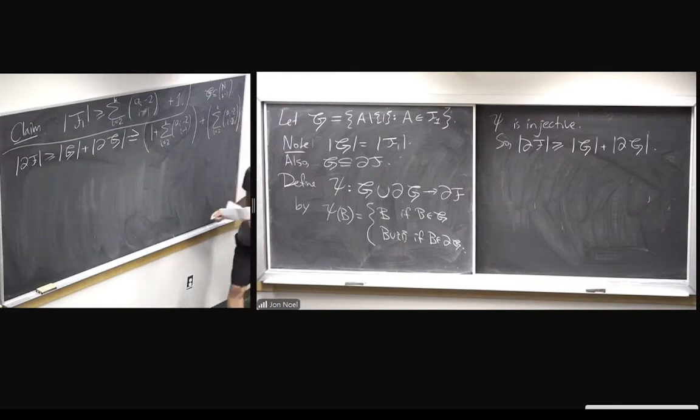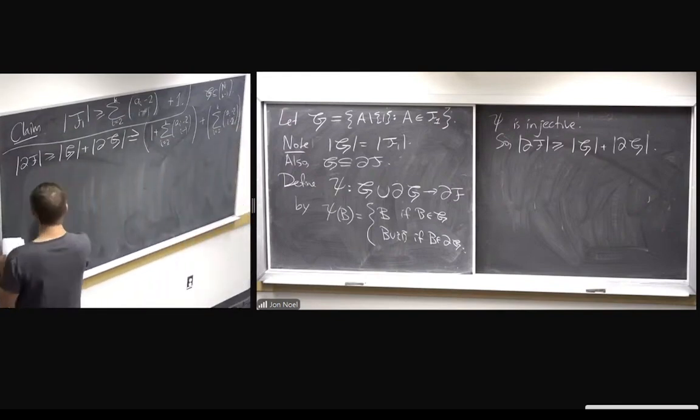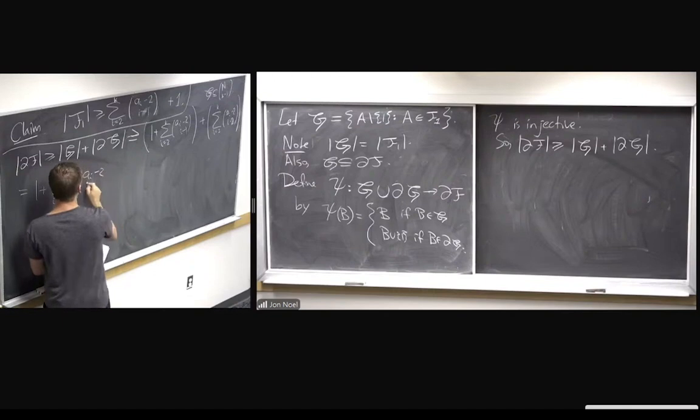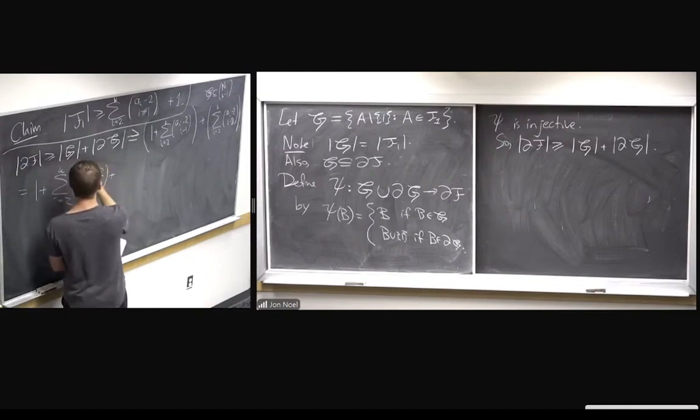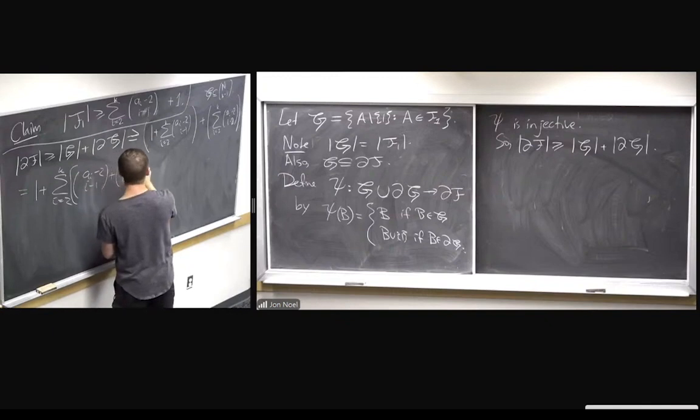We use Pascal's identity again. We can put this all together and get 1 plus the sum from i equals 2 to k of a_i minus 2 choose i minus 1 plus a_i minus 2 choose i minus 2.